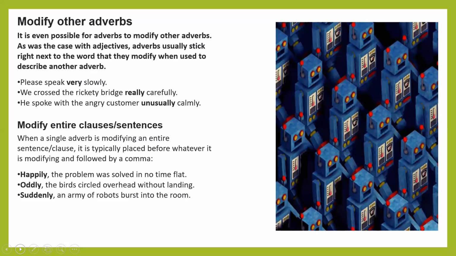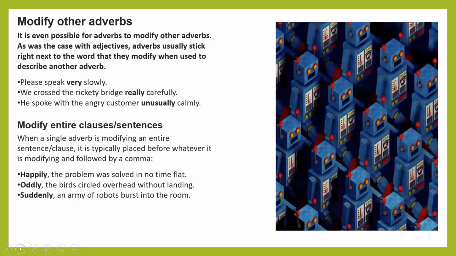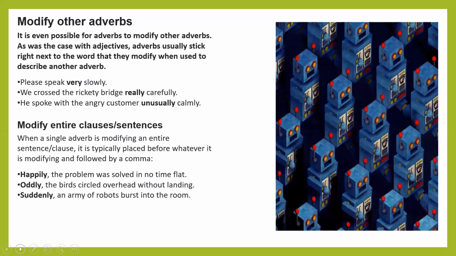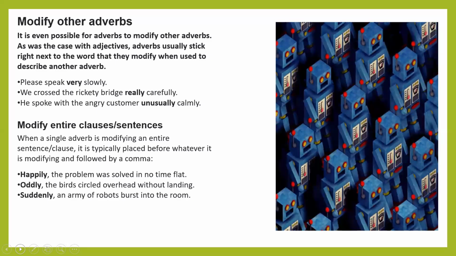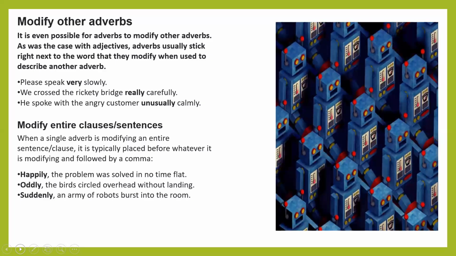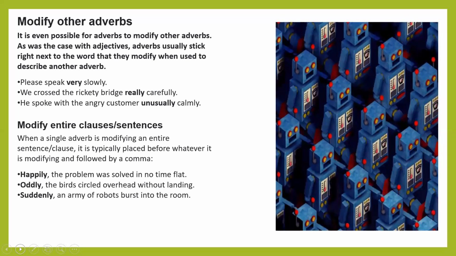Happily, the problem was solved in no time flat. Orderly, the bird circled overhead without landing. Suddenly, an army of robots burst into the room. This is how to use an adverb to modify entire clauses or sentences.